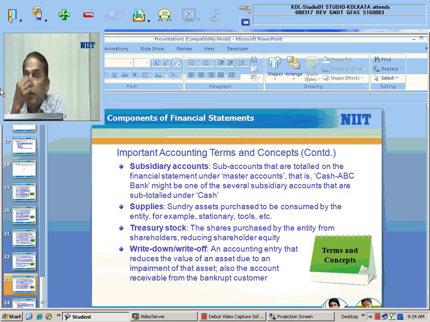Just to give an example, right now, National Hydroelectric Power Corporation, NHPC Limited. I do not know whether you are aware of the name of this public sector company. NHPC Limited is a public sector power generating company which produces hydroelectricity.